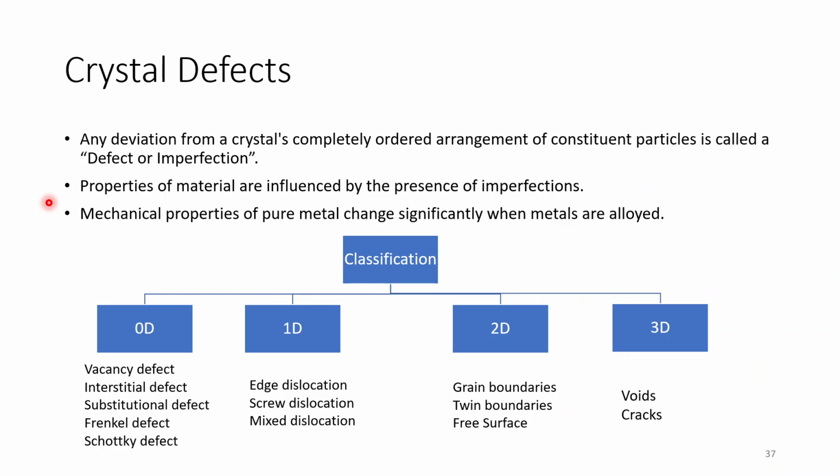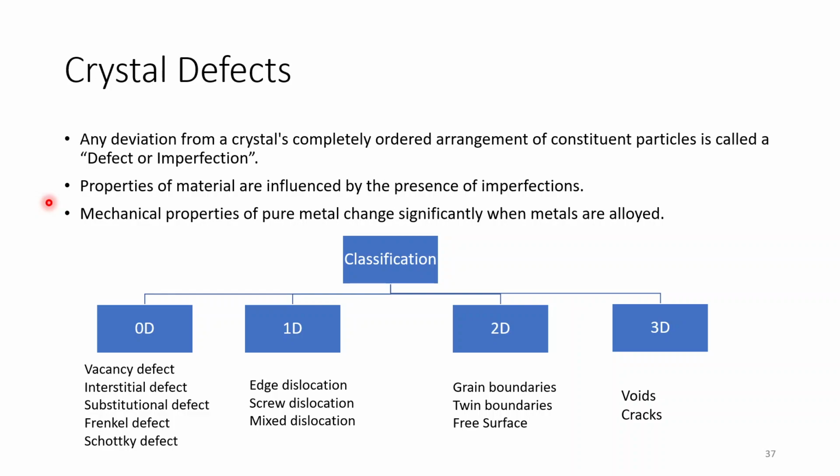Next is crystal defects. So any deviation from the crystal's completely ordered arrangement of constituent particles is called a defect or imperfection. And the properties of a material are influenced by the presence of imperfections. The mechanical properties of pure metal change significantly when metals are alloyed. And the classification is 0D, 1D, 2D and 3D.